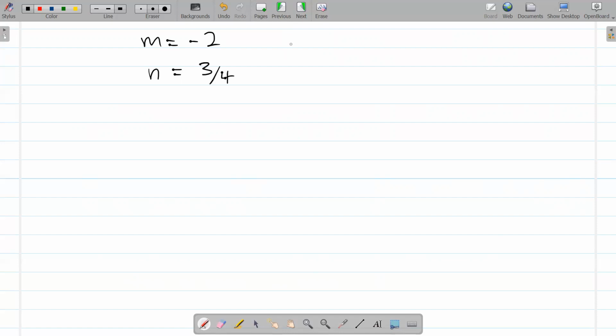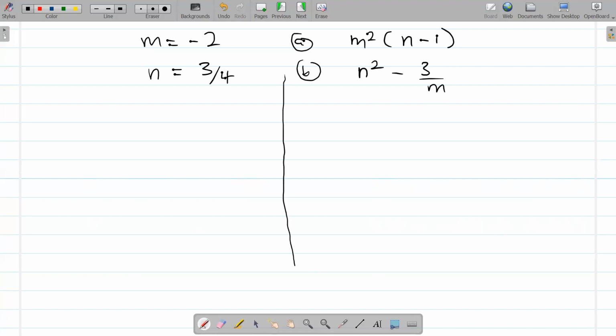I'll need you to find A, M squared into brackets N minus 1, and B, N squared minus 3 over M. So work it out for me and let's see what you will get.